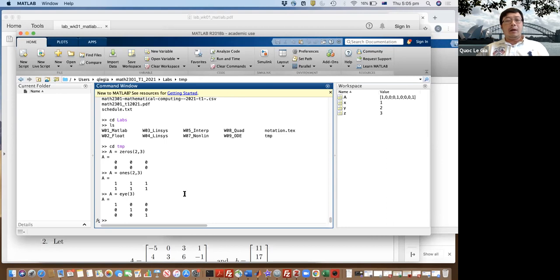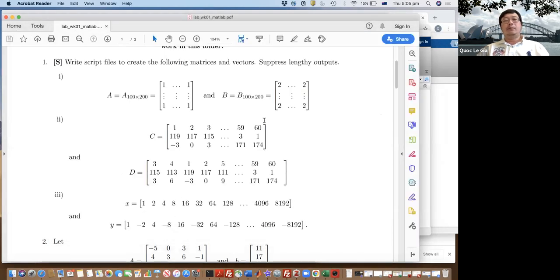So now with the matrix A, how do you define the matrix B? Any suggestions, any ideas? Suppose now I have the matrix A already. So for the matrix B, somebody say something here. Yes, B is just equal to 1 plus 1, yes, or it can be 2 times A, okay?